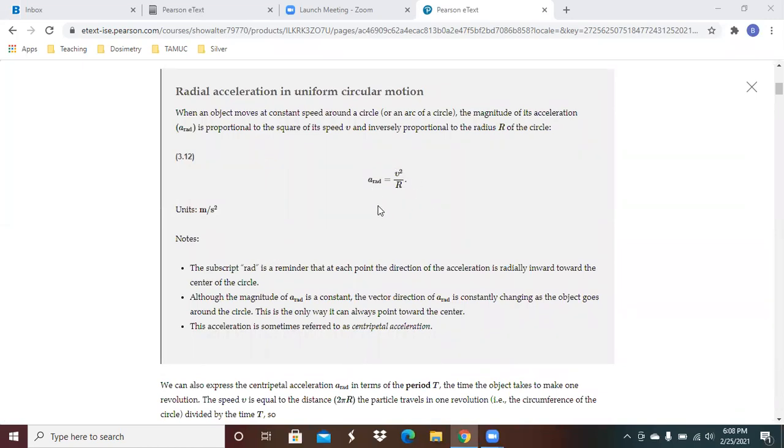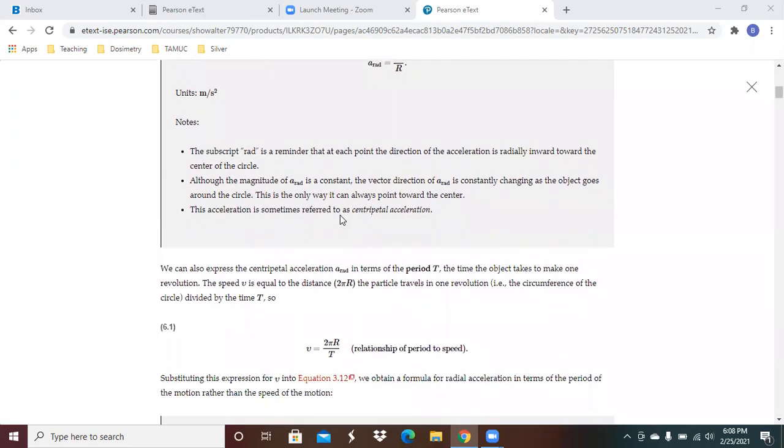So when an object moves at a constant speed around a circle, then the magnitude of its acceleration is going to be proportional to the square of its speed and inversely proportional to the radius of the arc. Since it's acceleration, our units are going to be meters per second squared.